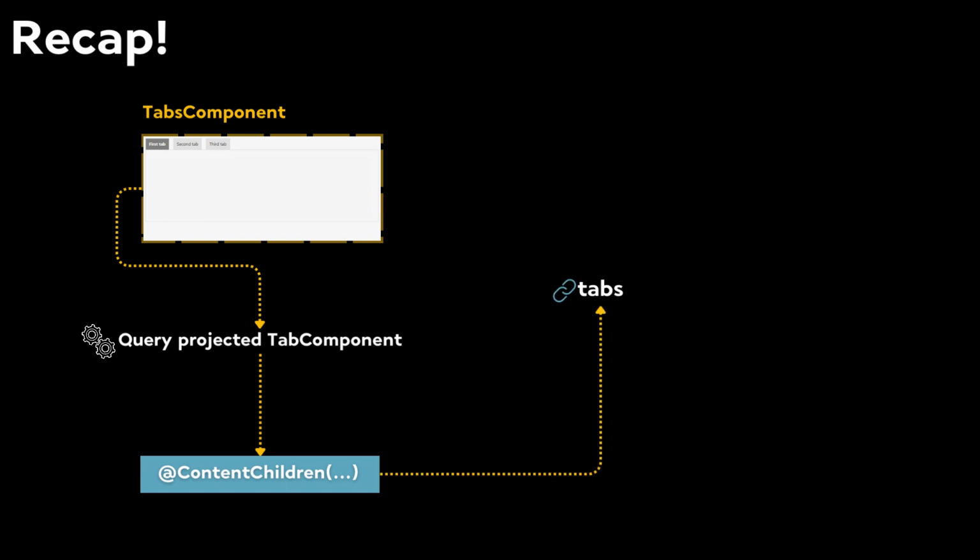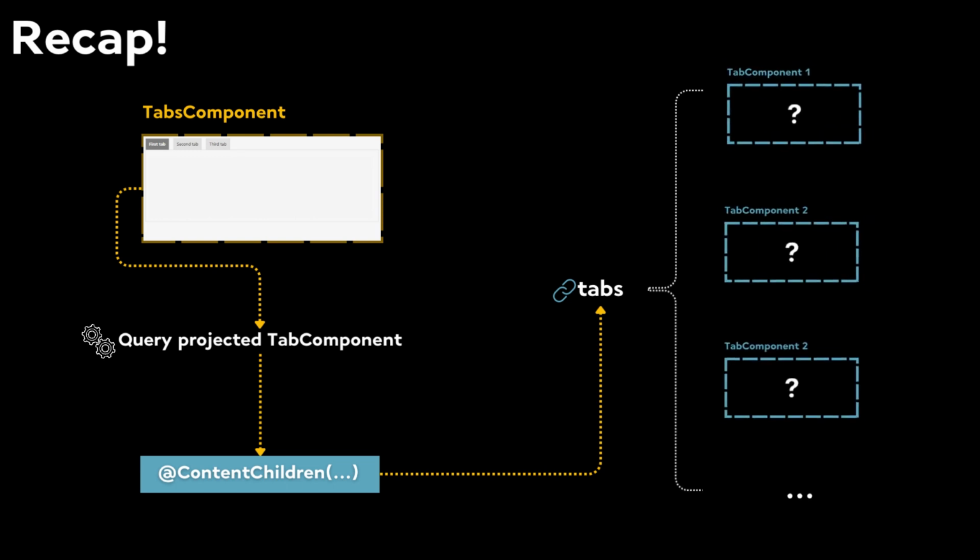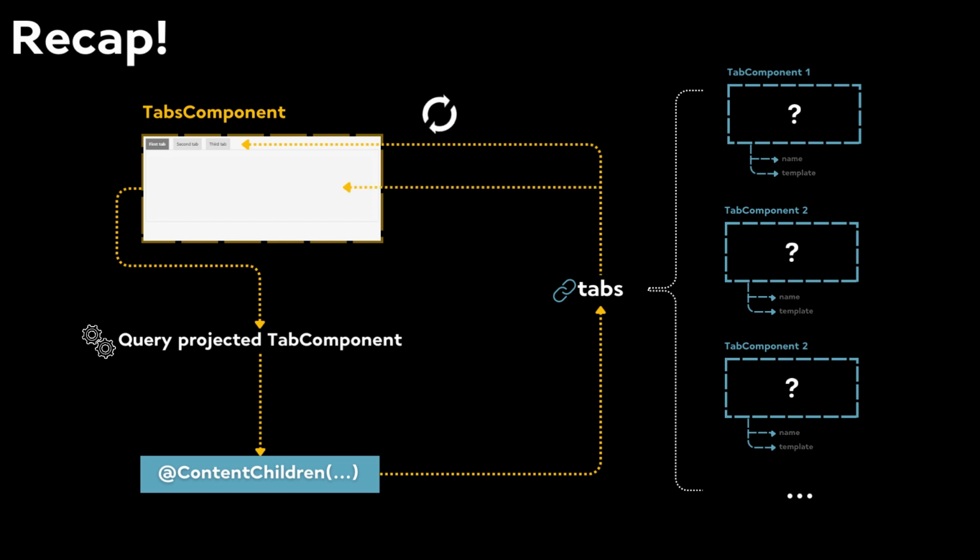From there, we have tabs that contain all the projected tab components. Each tab instance gives us access to the tab name and its template. We loop through tabs to display a button per tab, and on click, we set the tabs component body with the selected tab template at runtime thanks to the ngTemplateOutlet directive.